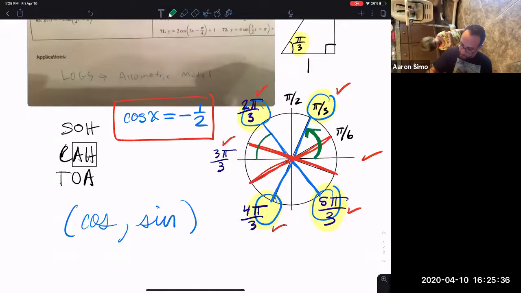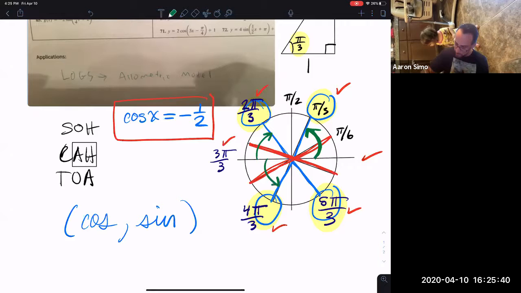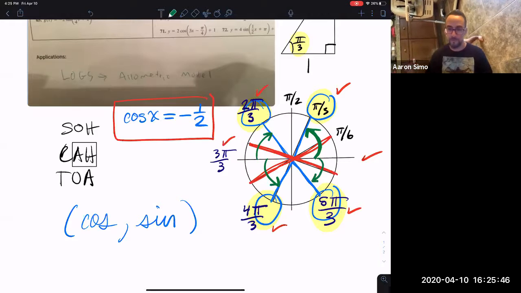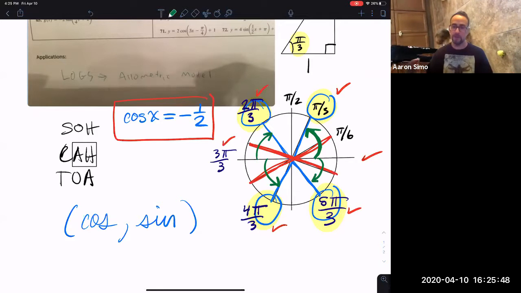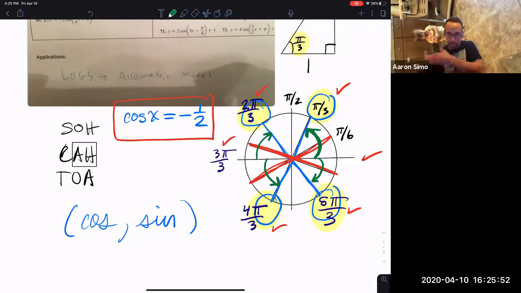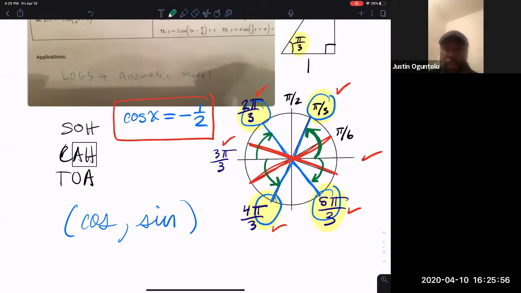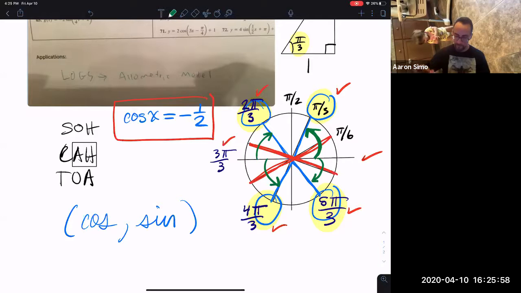So from here to here is pi over 3. From here to here, it's pi over 3. From here to here is pi over 3. All of those blue lines have a reference angle of pi over 3. That's why for all of them, cosine equals a half.